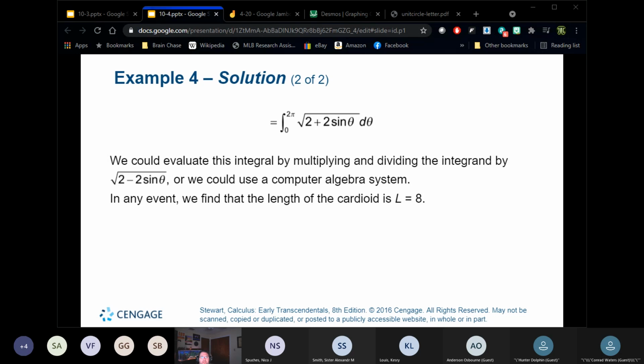Where is it? There it is. All right. Let's actually do one out. I just got to find one that works easily. All right.